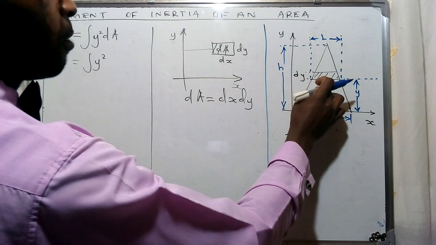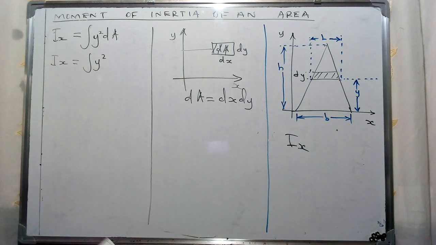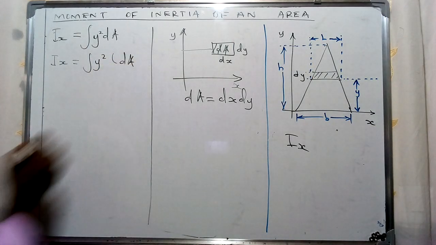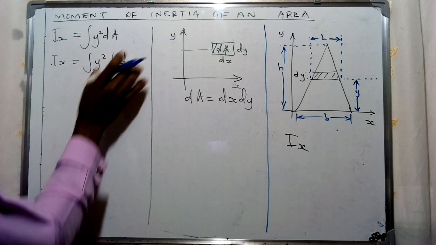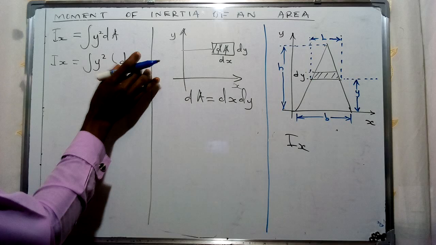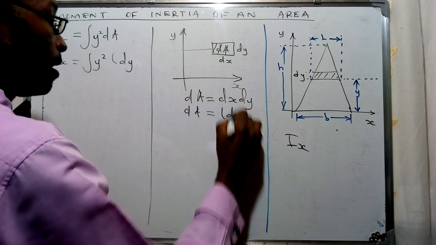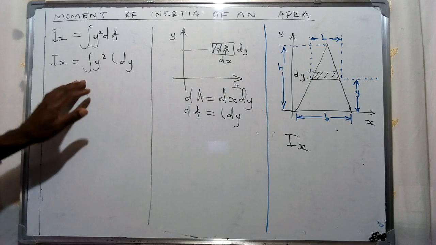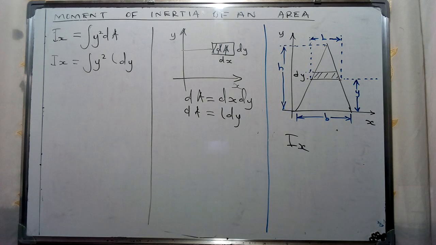It's going to be formed by a thickness of dy and a length of L. So our area is dA equals L dy. This is going to assist us in evaluating the total moment of inertia by evaluating the integral of that specific area.